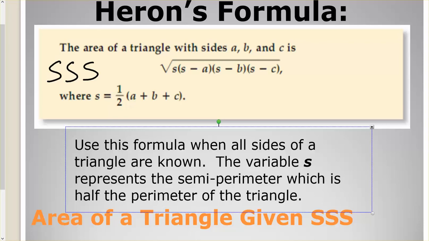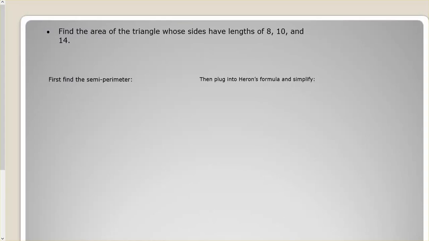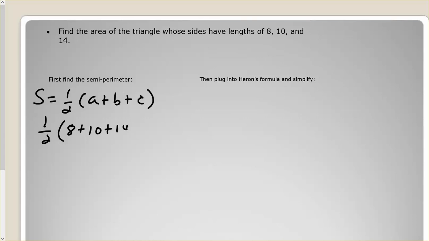So check it out. Here's an example of where this works. Find the area of the triangle whose side lengths are 8, 10, and 14. So first thing we want to do, we want to find S, which is 1/2 A plus B plus C. So take half of 8 plus 10 plus 14.